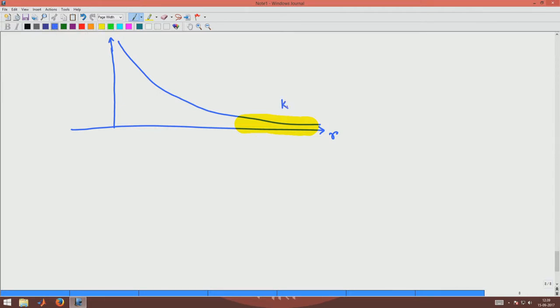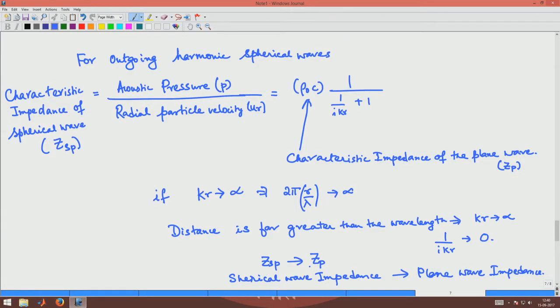So, here let us say K r has gone much greater than 1, which is like it is going towards infinity. So, here you see that the acoustic pressure amplitude. So, this is the plot of pressure, by the way. Here we can say that the decay in this region of space for the acoustic pressure is minimal, and also the impedance in this region we will say is almost approaching the plane wave impedance, because K r is large.